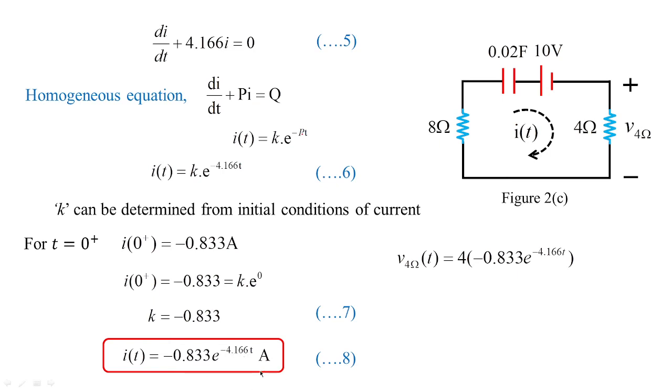So I'm just substituting equation 8 in V4 of t, which will give 4 multiplied with this value, equal to minus 3.33 e to the power of minus 4.166 t volts. So this is how we solve the problem, especially with a capacitor circuit.